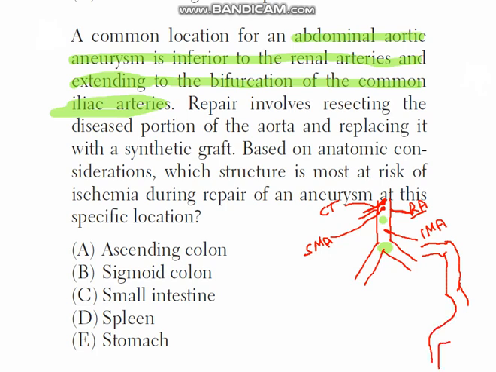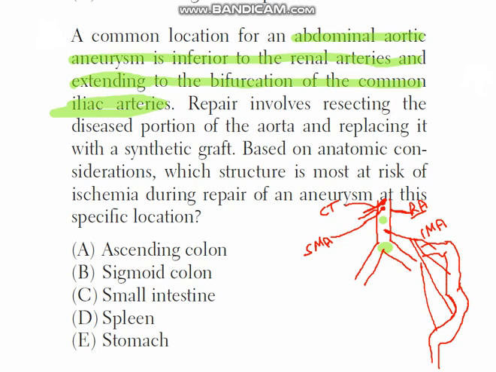Okay, so the inferior mesenteric artery gives the sigmoid and superior rectal arteries which supply the rectum.